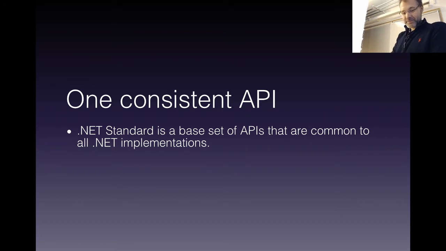And they are trying to give us one standard API. So when we are coding, if we are coding F#, C#, Visual Basic, if we are going for the Xamarin mobile platform, or if we are going to the other one, they are trying to give us one nice API with built-in methods we can use.